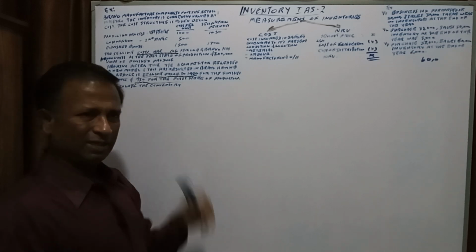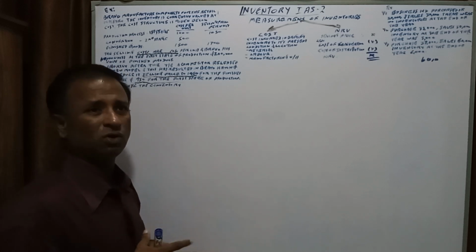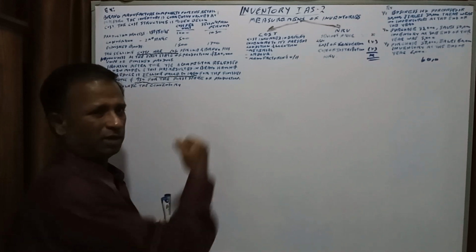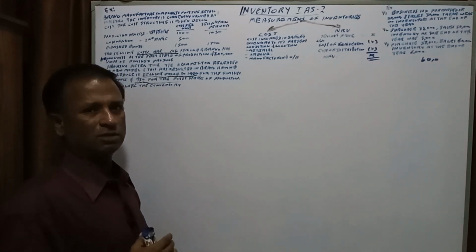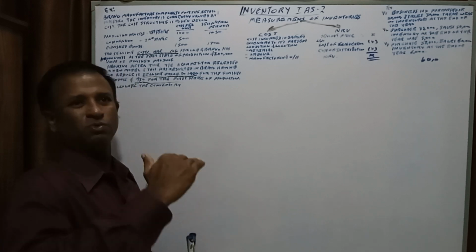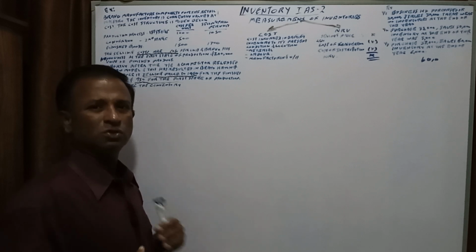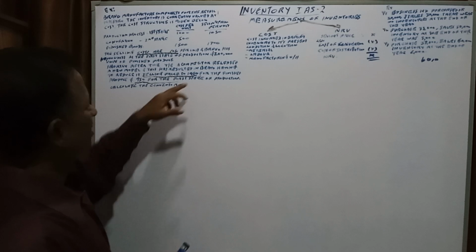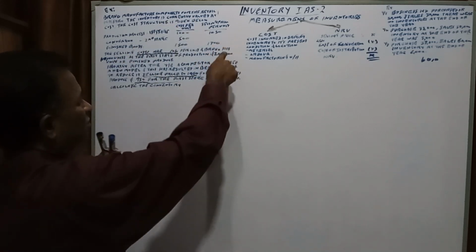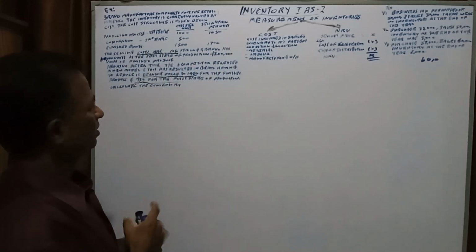So he smartly thought that if he brought down his selling price, there may be a chance to move his product and fight with the competitor's new model. That's what happened here. All of a sudden he reduced his price from 1700 to 1450.